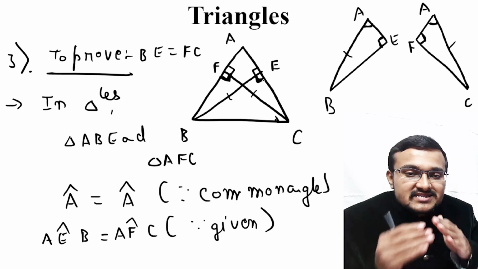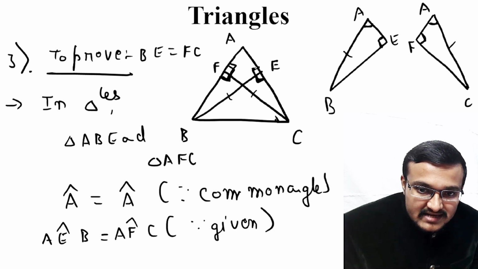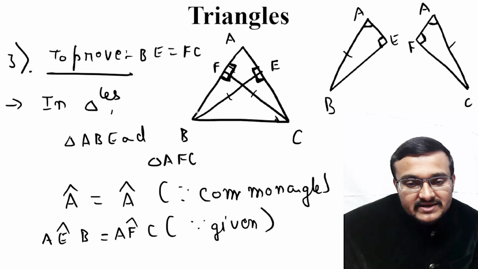So since AB and AC are straight lines, the other side angles, that is this angle and this angle, should be equal to 90 degrees.